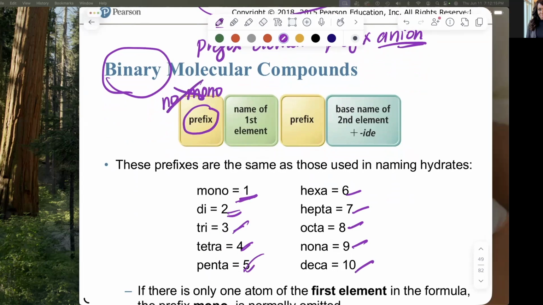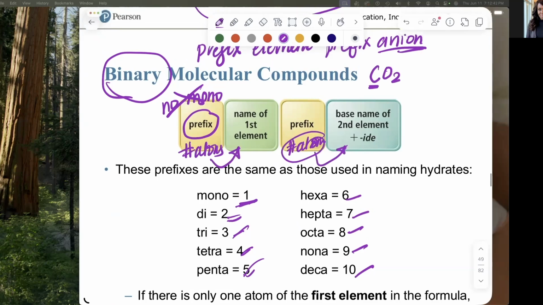Probably going, what? You already know this, right? The gas I'm currently exhaling as I'm talking to you is carbon dioxide. The formula for carbon dioxide is CO2. There's only one carbon. Oh, by the way, the prefix here stands for number of atoms, right? So the one on the left would be the number of atoms in the first element, then the number of atoms in the second element.